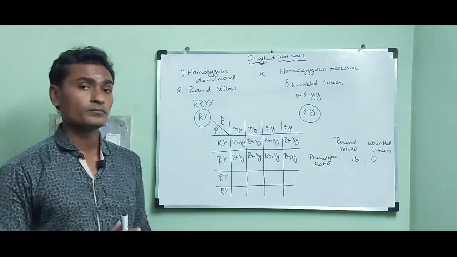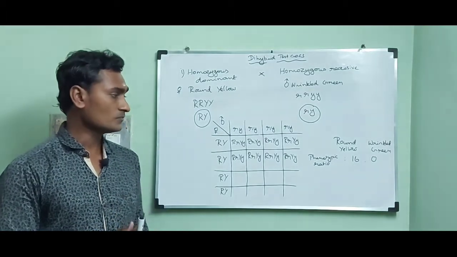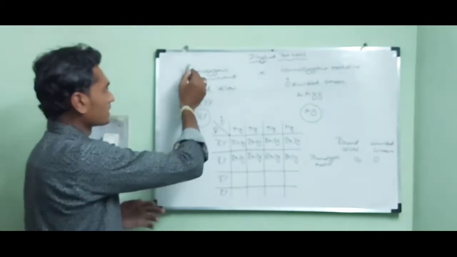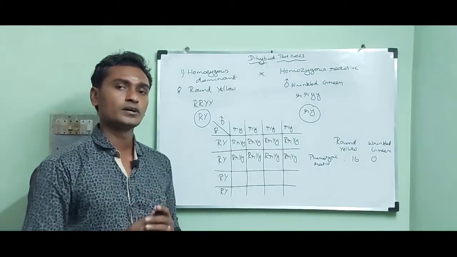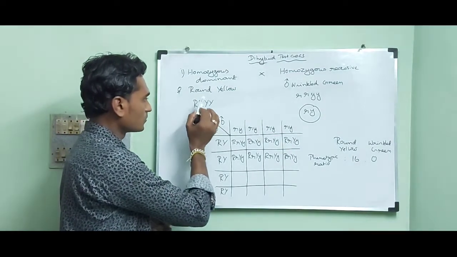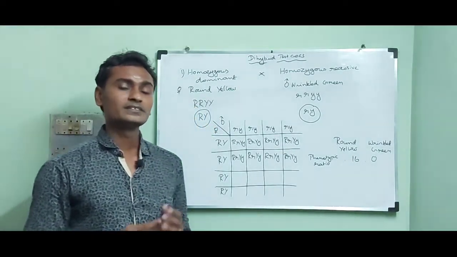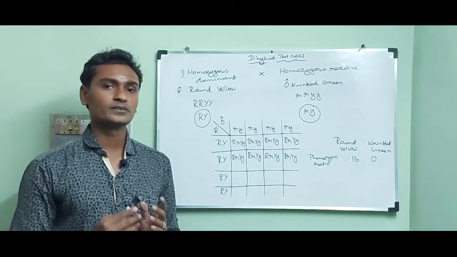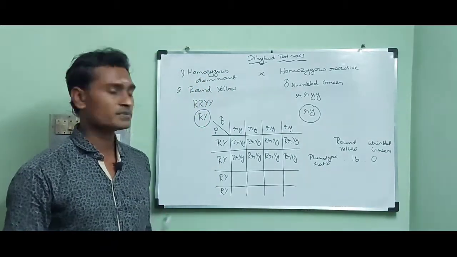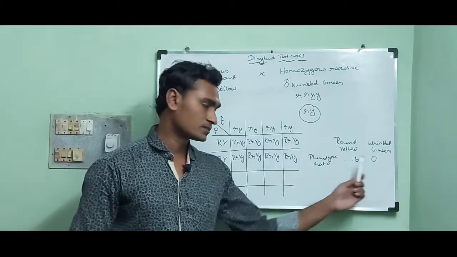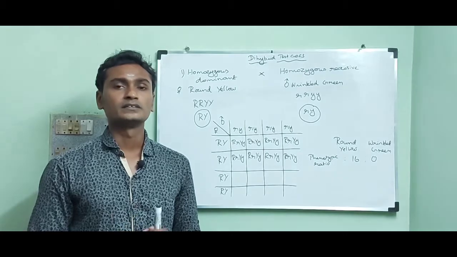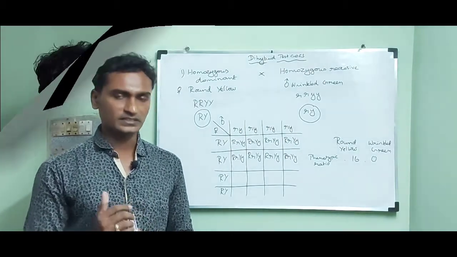By this we can conclude the genotype of the dominant character, that is capital R, capital R, capital Y, capital Y. In the case of monohybrid test cross we observed 4:0, but in the case of dihybrid test cross it is 16:0.